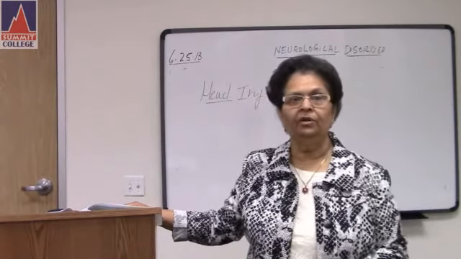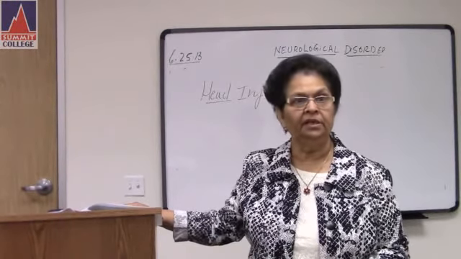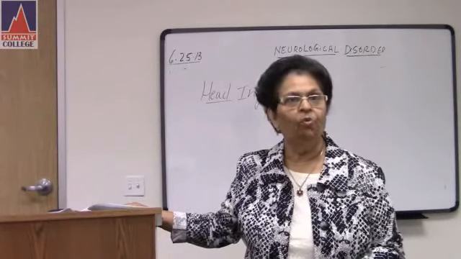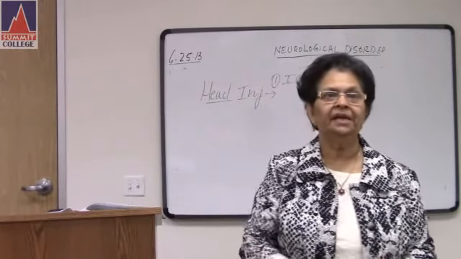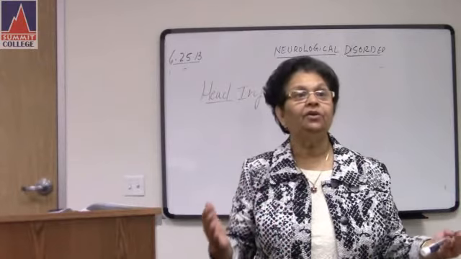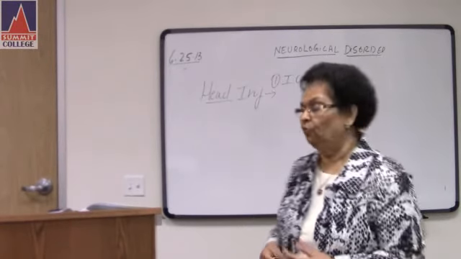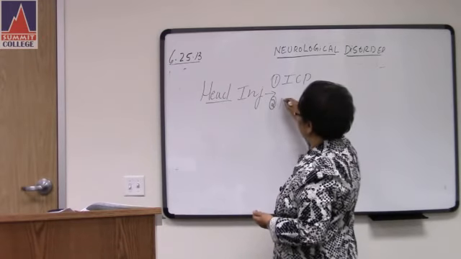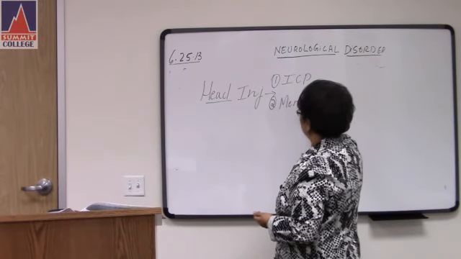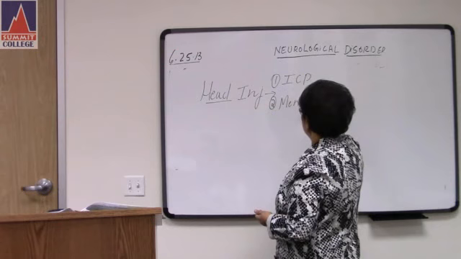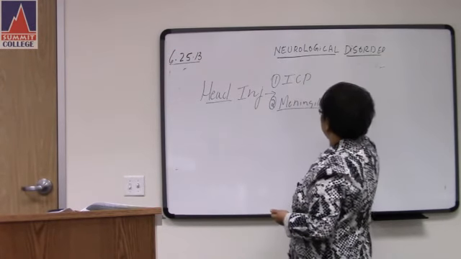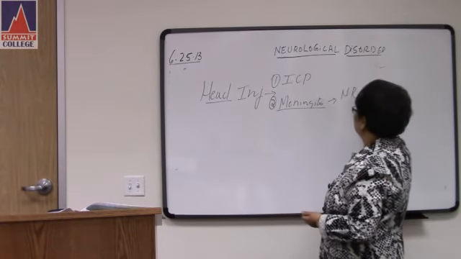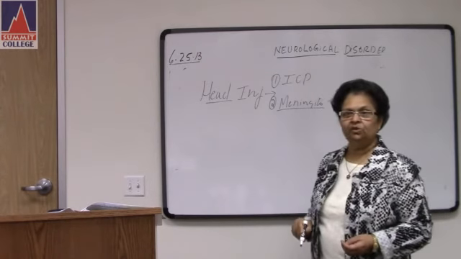What is nuchal rigidity a sign of? Meningitis. Why? Because the patient has a head injury and it may lead to infection. So number two, I would say meningitis. Write down on the side: meningitis. What is the early sign of meningitis? Nuchal rigidity. Everyone okay?